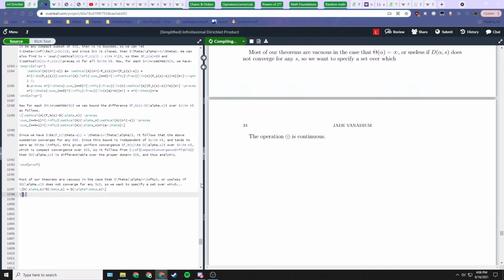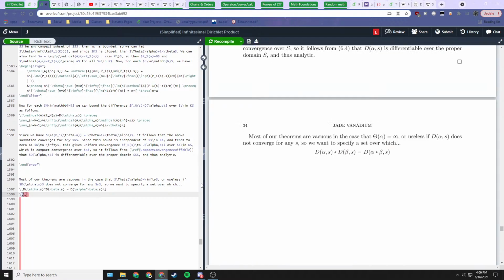What we actually want to say is that alpha star beta is such that if we index it by n, then this is the Dirichlet convolution, which is the sum over ab equals n of alpha sub a times beta sub b. This is what we want to do.